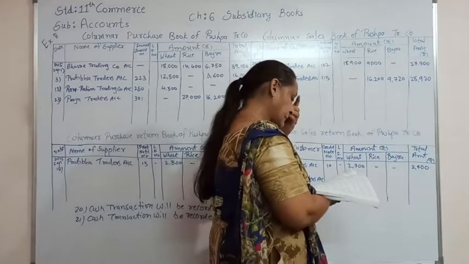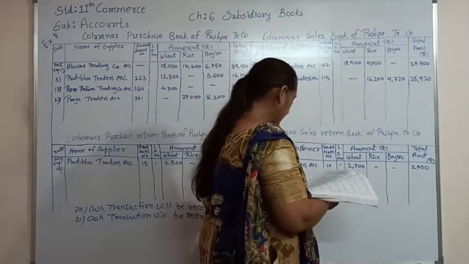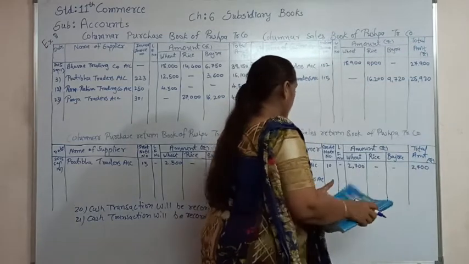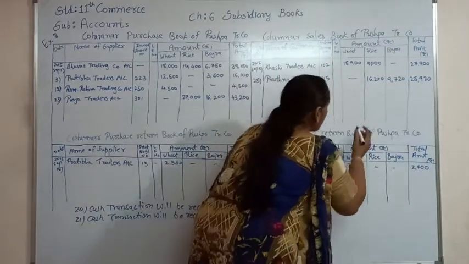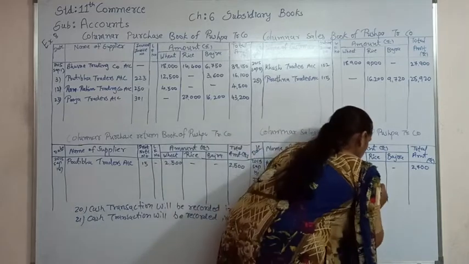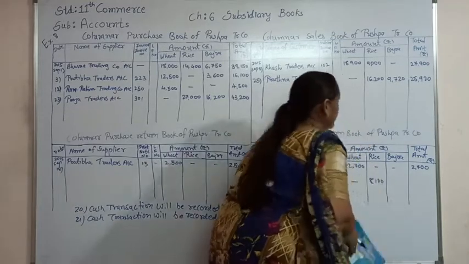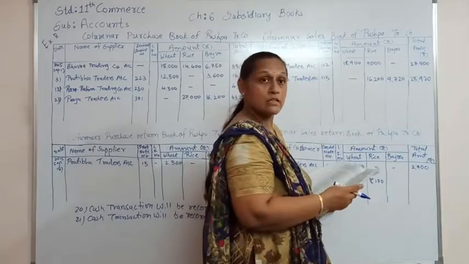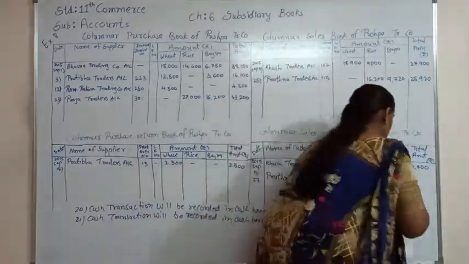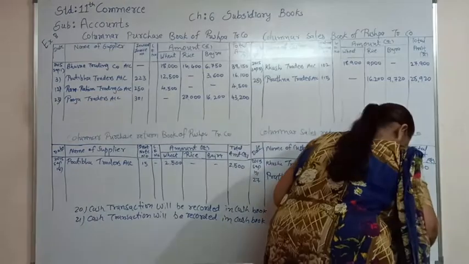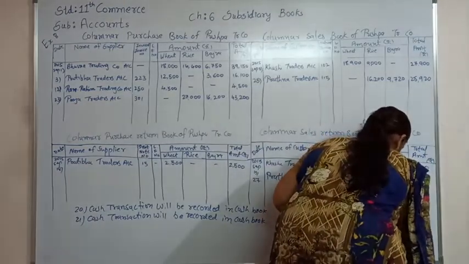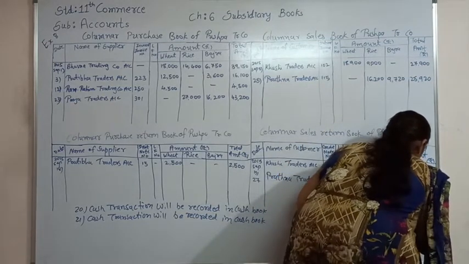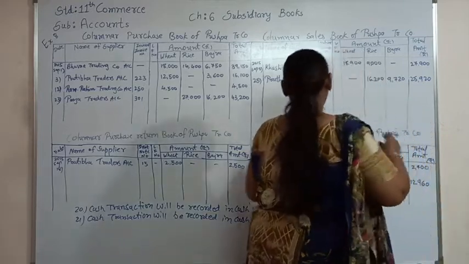So for that, sales return will be given to us. Half of this will be 8,100, and half of the 9,720 will be 4,860. And the total of this will be 12,960. This is the sales return.